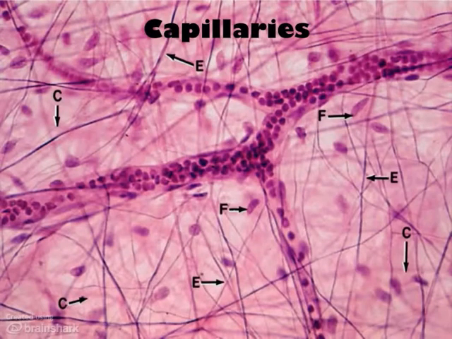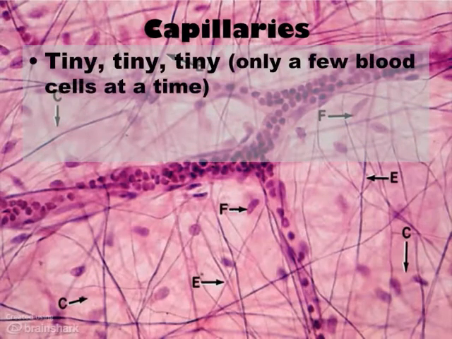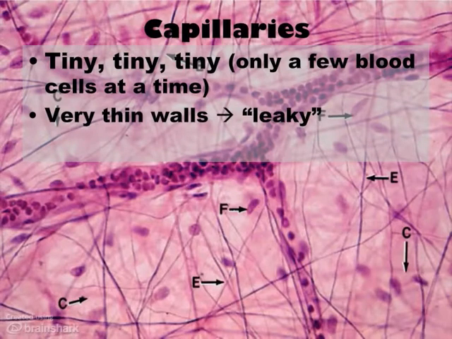Arteries branch into smaller structures called arterioles. Those arterioles are going to branch into even smaller structures called capillaries. These are really tiny structures. They're very thin. Only a few blood cells can fit through them. They have very thin walls, which allows them to leak.